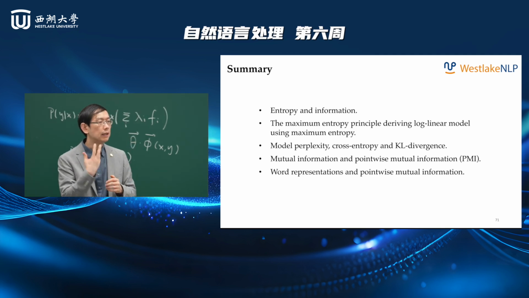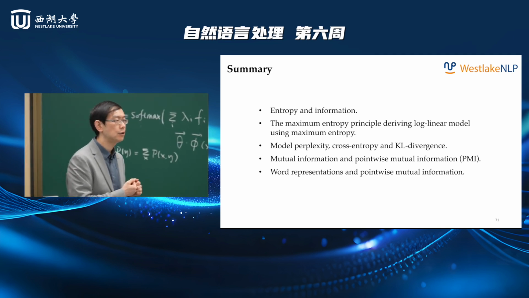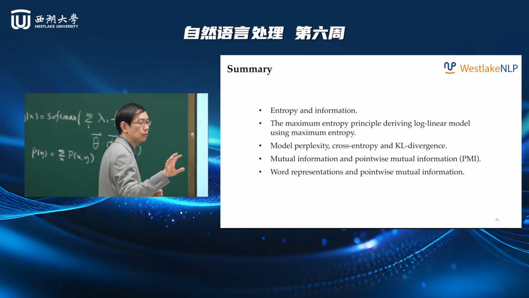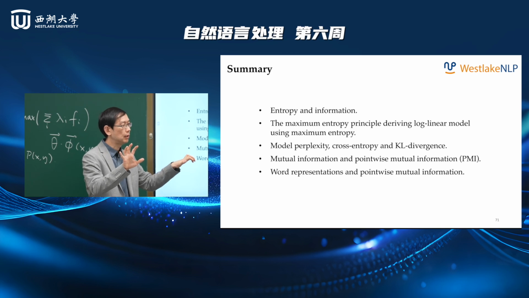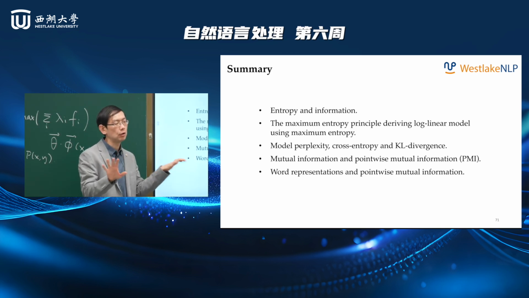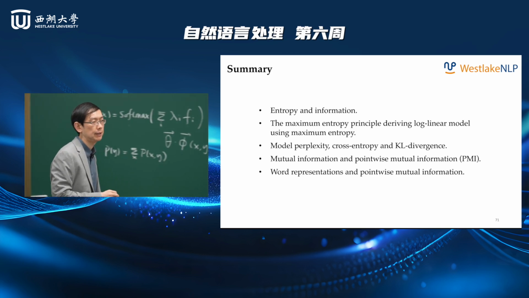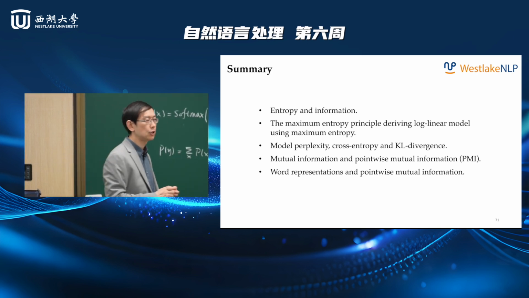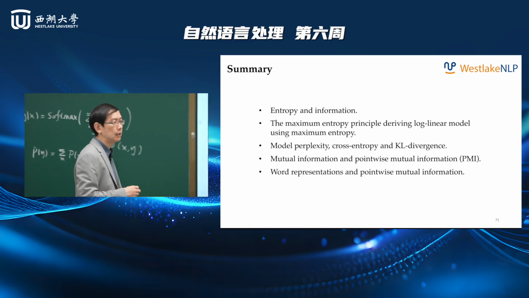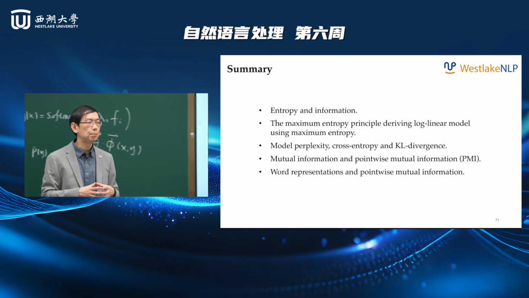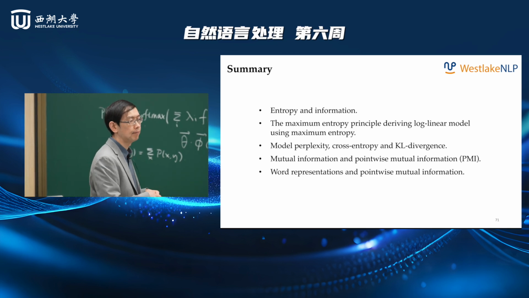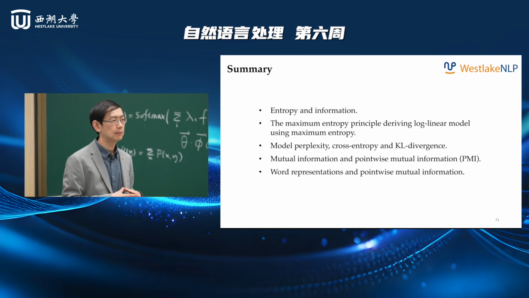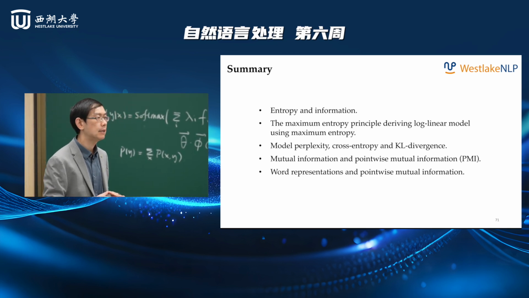These are useful for measuring the difference between a model distribution and the empirical distribution, or the data distribution, and that is useful for model training and model evaluation. We showed both cases. In the third part, I showed you mutual information, and especially how to use PMI, pointwise mutual information, to do text mining and to represent words. So that's it for this week.